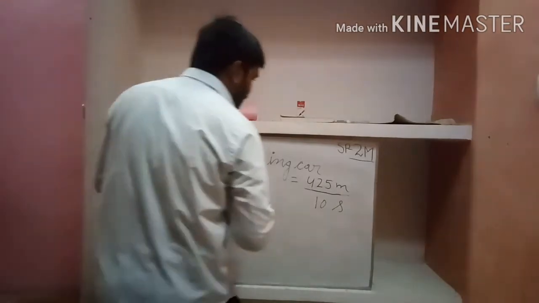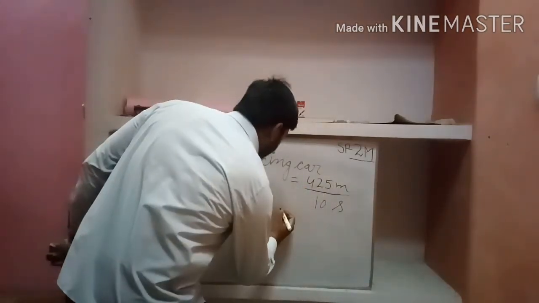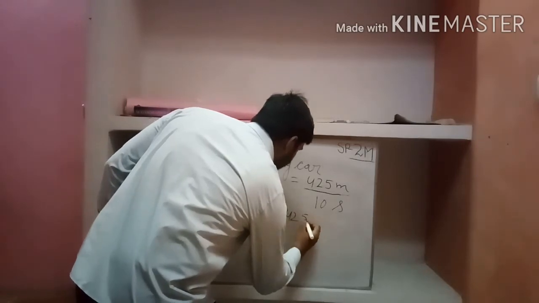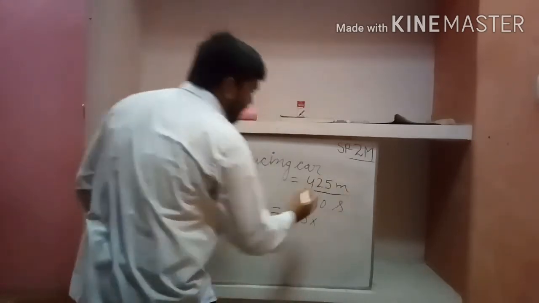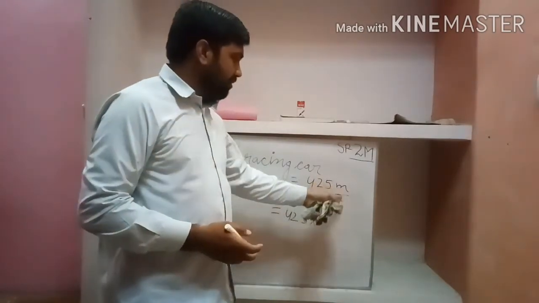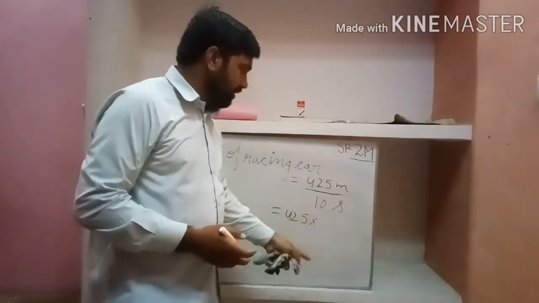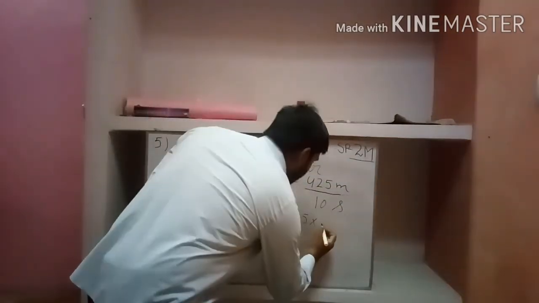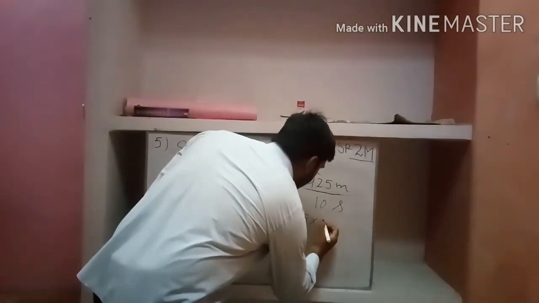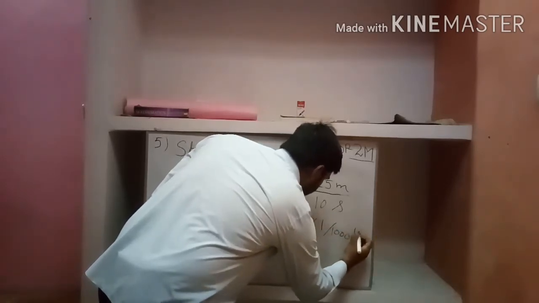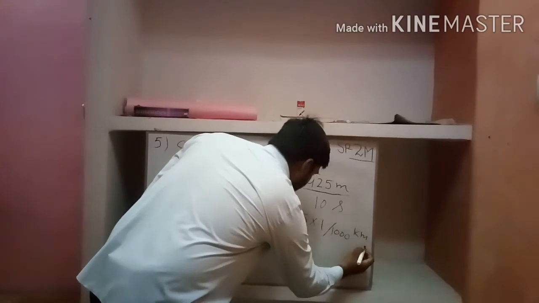Okay. So meter per second. So here you see 425 meter. We convert this meter into kilometer and second into hour. So 1 meter is equals to 1 upon 1000 kilometer.